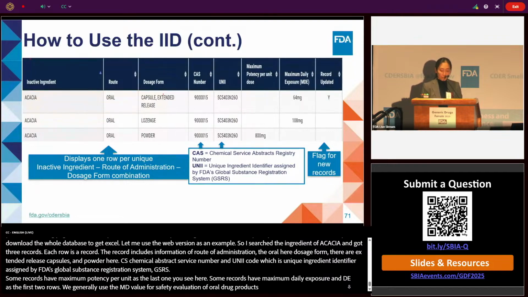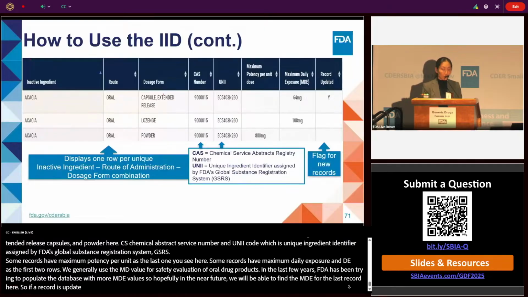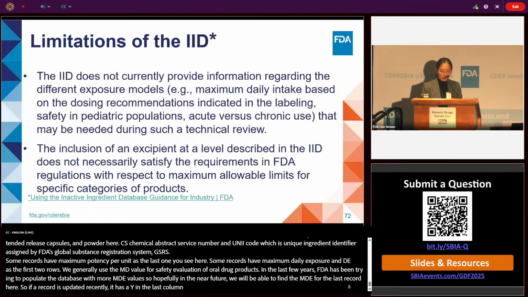In the last few years, FDA has been trying to populate the database with more MDE values. So hopefully in the near future, we will be able to find the MDE for the last record here. If a record was updated recently, it has a Y in the last column. So IID is very helpful.